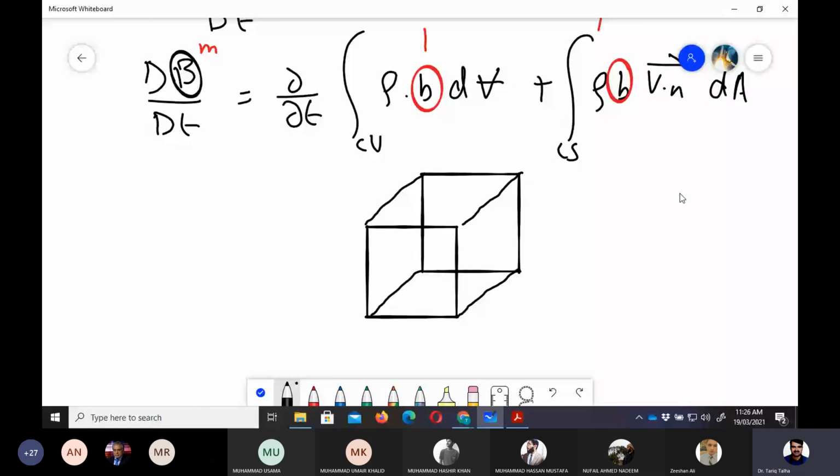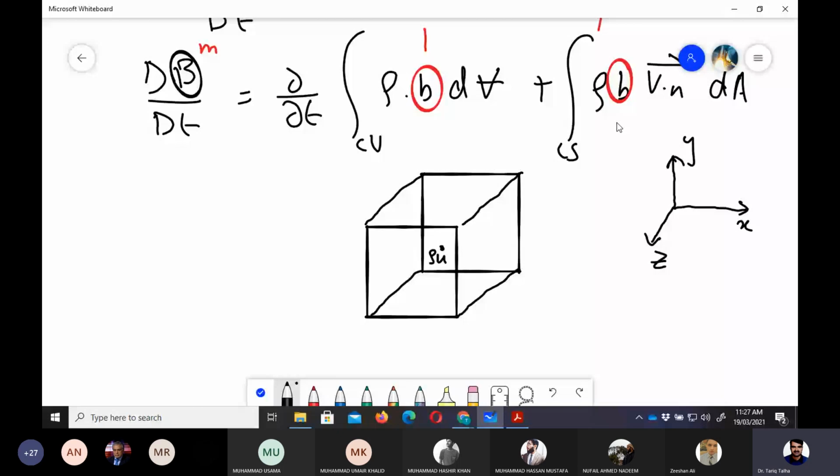This is the x direction, this is the y direction, and this is out of the board, the z direction. The property is known at the center of the cube, and that property is rho u, which is the property going out of and into the system.